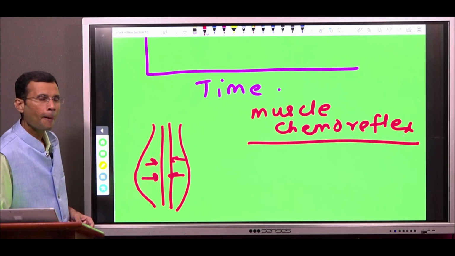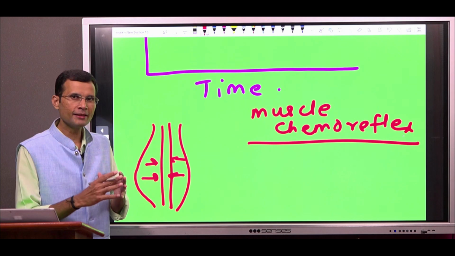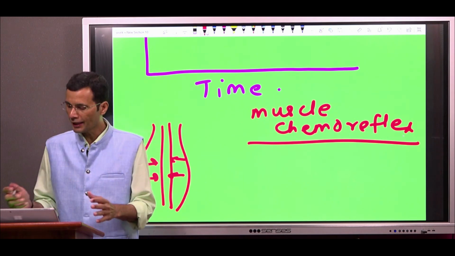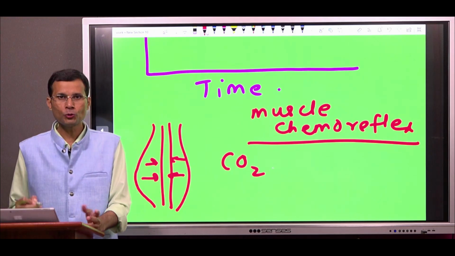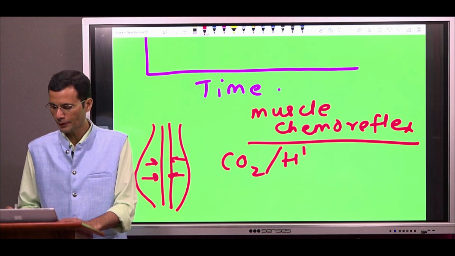That is, the exercising muscles release certain chemicals: CO2, H plus, lactic acid.